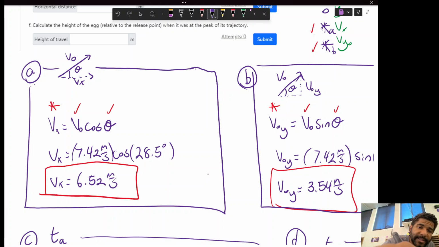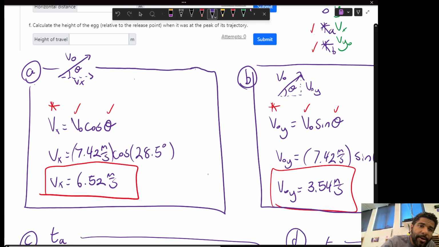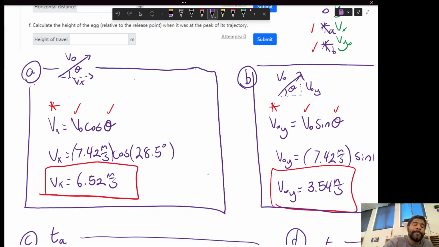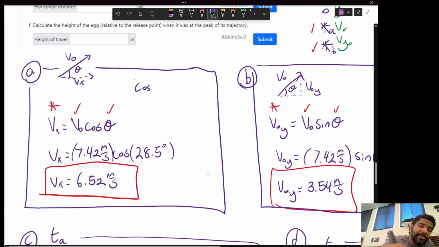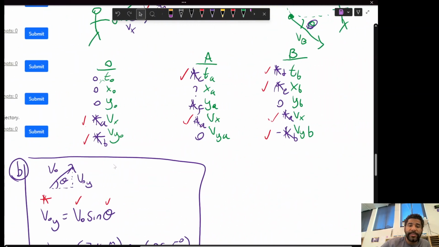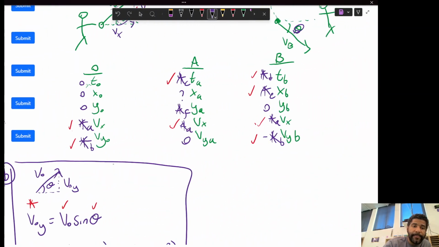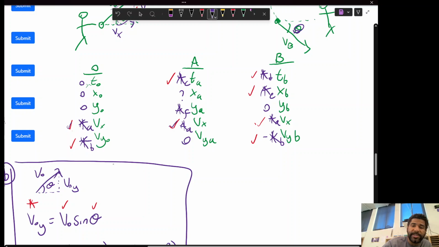I get there because I know that I want the adjacent side of this angle, meaning that I'm going to go to cosine because I can see that's adjacent. Vx over V naught, adjacent over the hypotenuse. And then I have all that information, so I plug it in and I get my Vx. And of course, once I have this Vx, I use it for all portions of my problem because Vx stays the same.